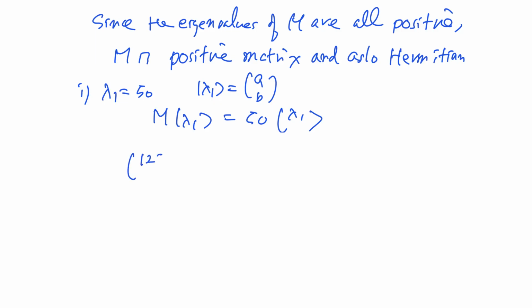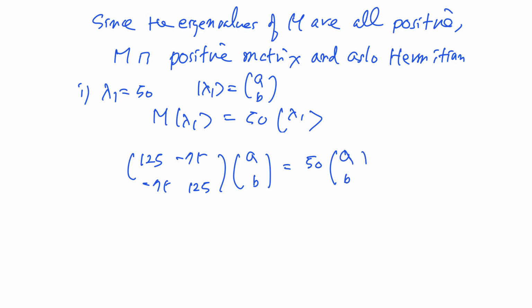So 125, minus 75, minus 75, 125 acting on a, b is 50 times a, b. So 125a minus 75b is 50a, and minus 75a plus 125b is 50b. So what do we have?